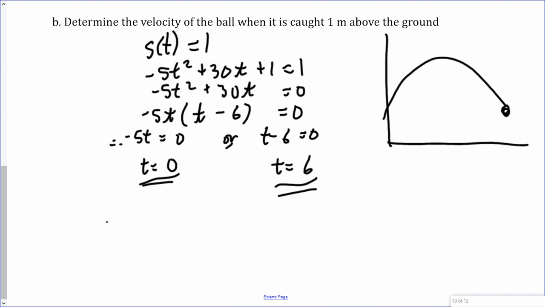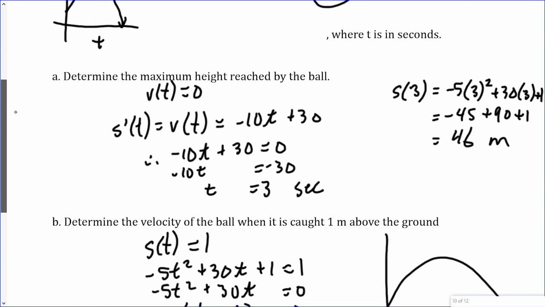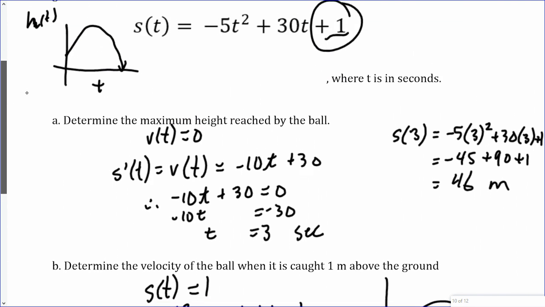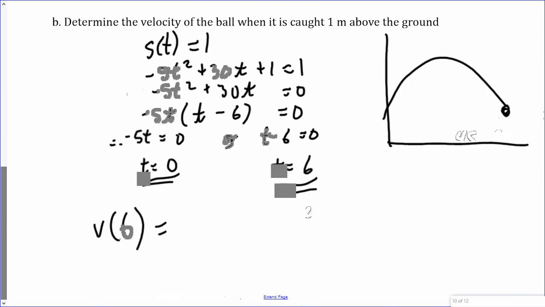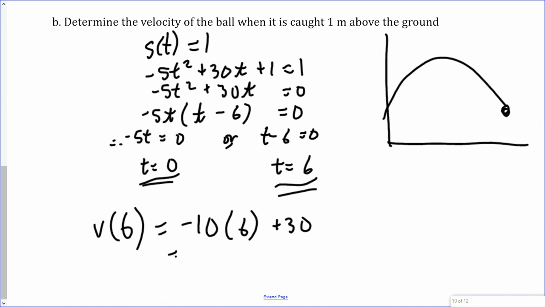So that would be when t equals 6, and I want to find the velocity at 6. So what is my velocity function? Negative 10t plus 30. Negative 60 plus 30 is negative 30 meters per second.